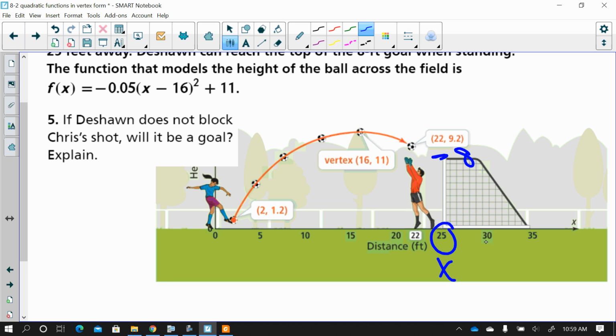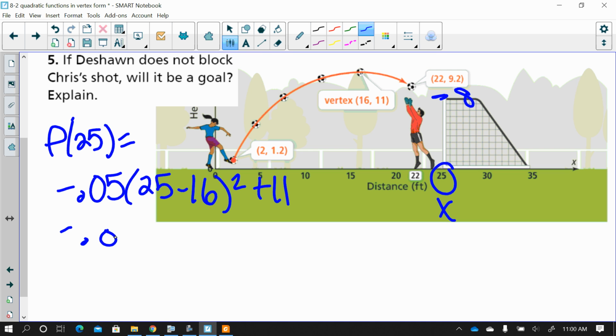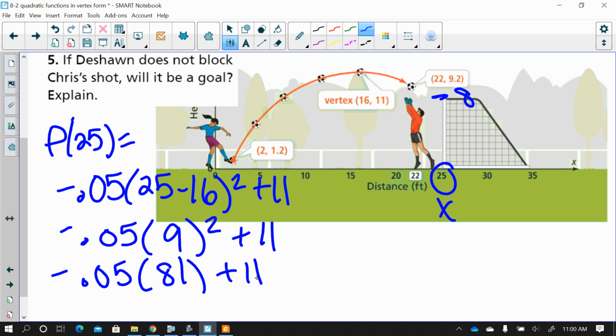So let's find out. So f of 25 is equal to negative 0.05 times 25 minus 16, quantity squared plus 11. Okay, so negative 0.05 times, 25 minus 16 is 9. Okay, order of operations, we do our exponents next. 9 squared is 81.